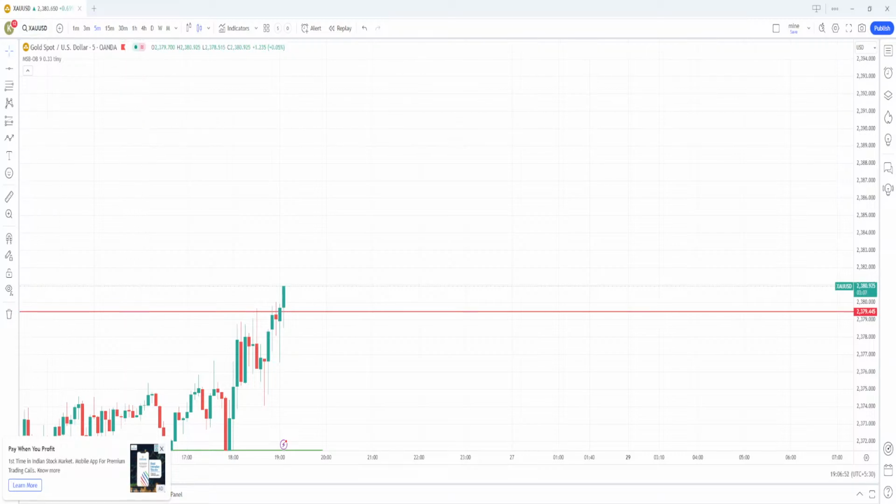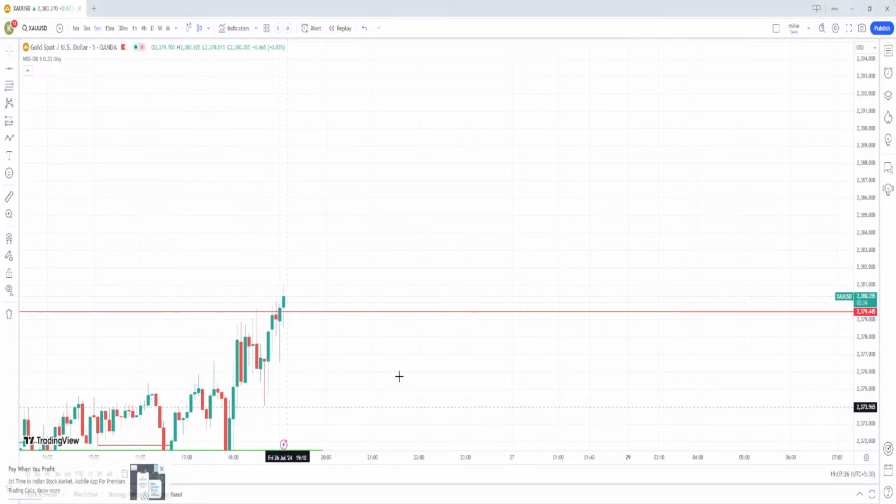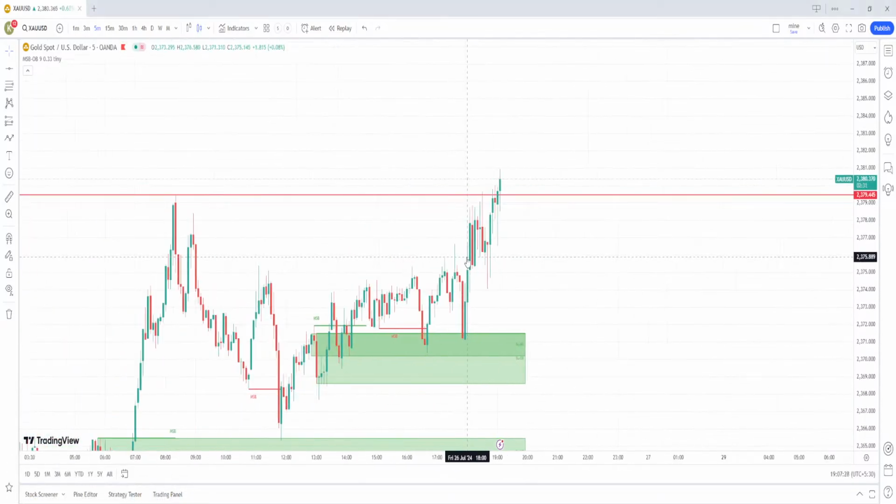I have to wait for my level to retest. So we are going to wait for the retest.